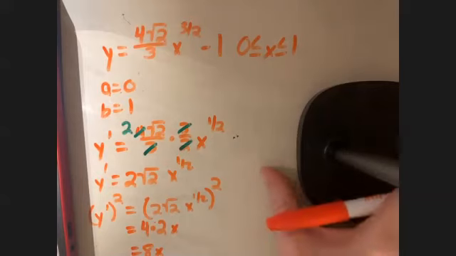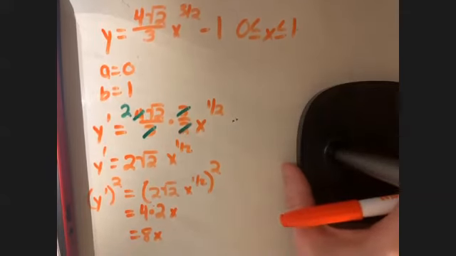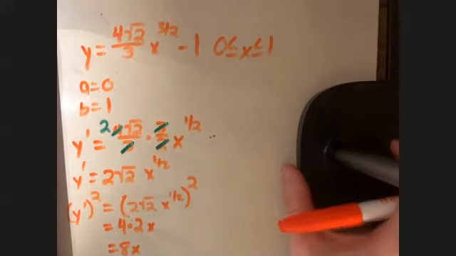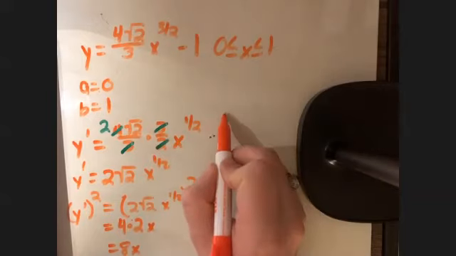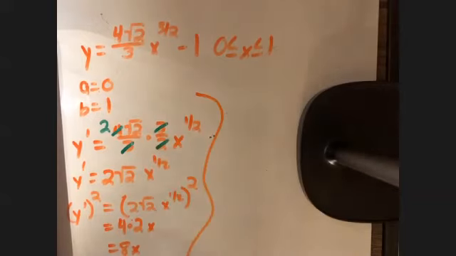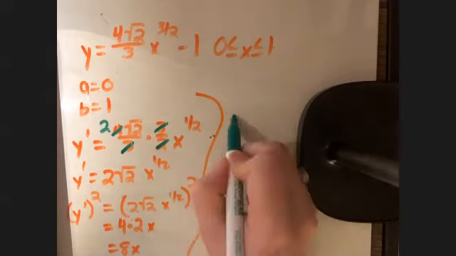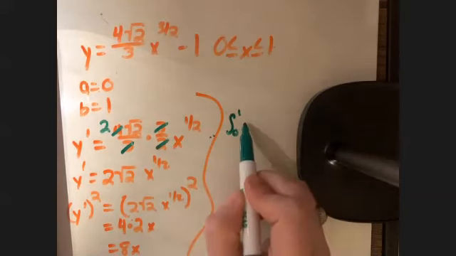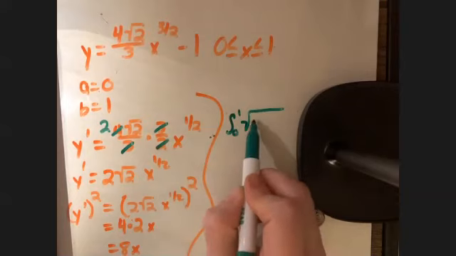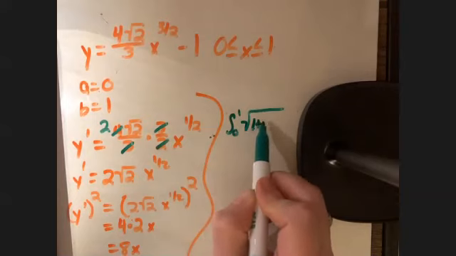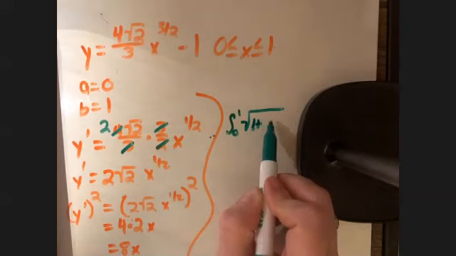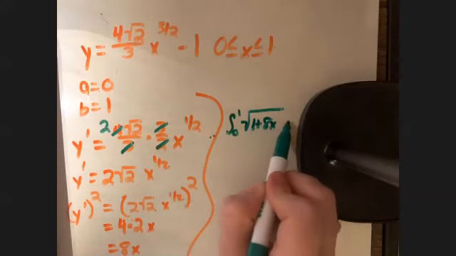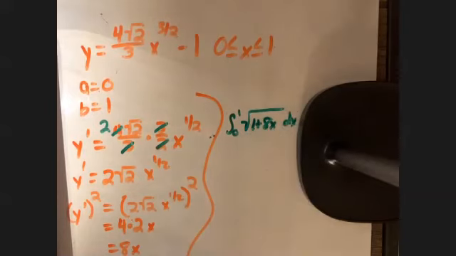So now, putting this into our pretty little formula, I'm going to try and move this over just a little bit. We're going to do the integral from 0 to 1 of the square root of 1 plus 8x dx.